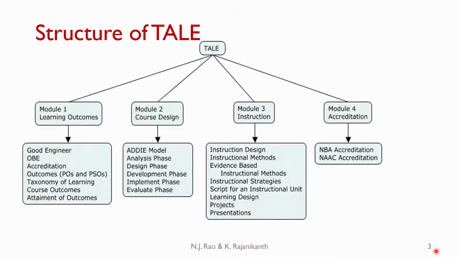Module 4 is strictly accreditation. These days each engineering program is not required to, but most engineering programs go for NBA accreditation, and also every engineering college or institute offering engineering programs goes for NAAC accreditation. So, in the fourth module we will look at the accreditation processes.